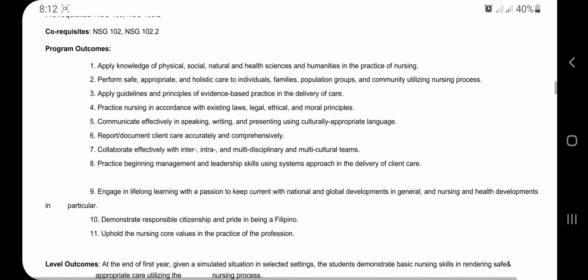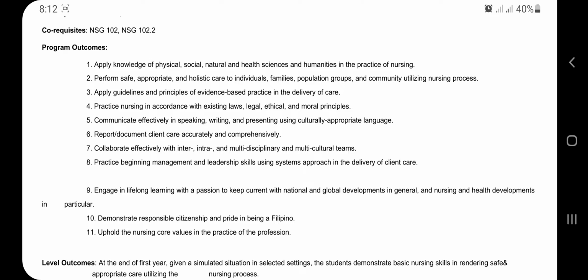Next one is to practice beginning management and leadership skills using systems approach in the delivery of client care. So dapat as early as now you know how to manage and you have these leadership skills kasi pwedeng ikaw yung mag-lead sa isang healthcare team, especially if you are assigned in community setup.